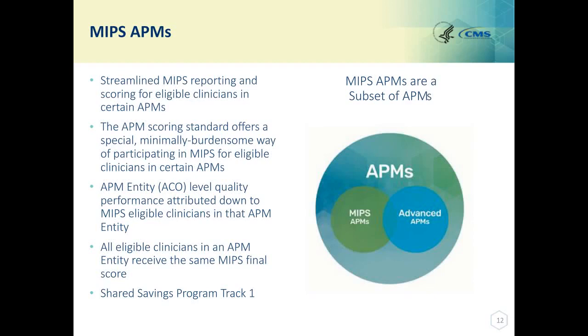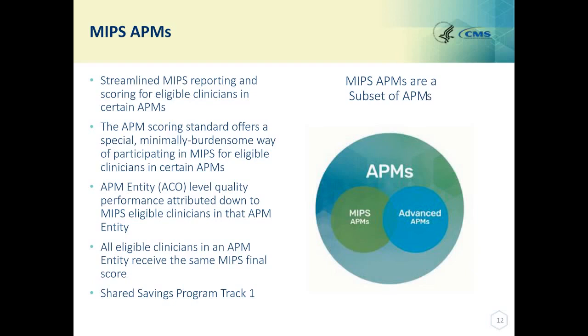So moving right along, we have 2 more slides before we get to the meat. Just wanted to give you a background. The MIPS APMs are streamlined MIPS reporting and scoring for eligible clinicians in certain APMs. As the graphic shows, again, there's a subset under the APM. The APM Scoring Standard offers a special, minimally burdensome way of participating in MIPS for eligible clinicians in certain APMs.